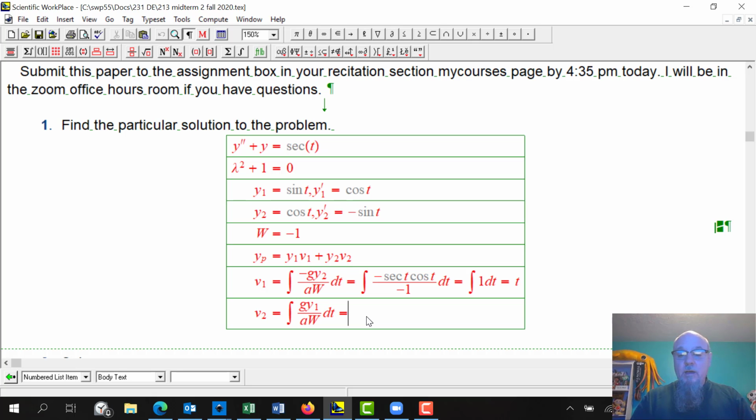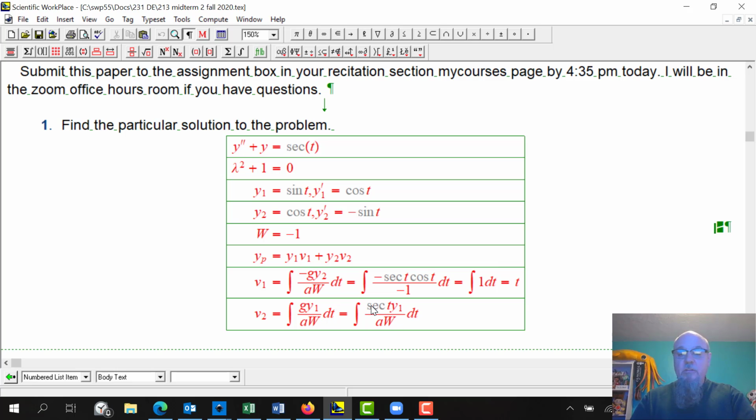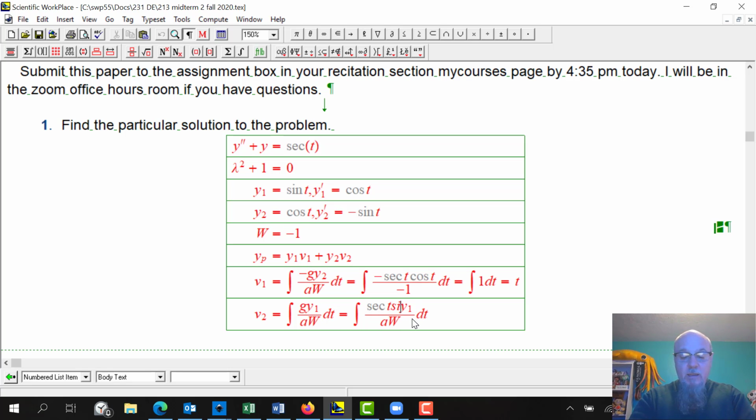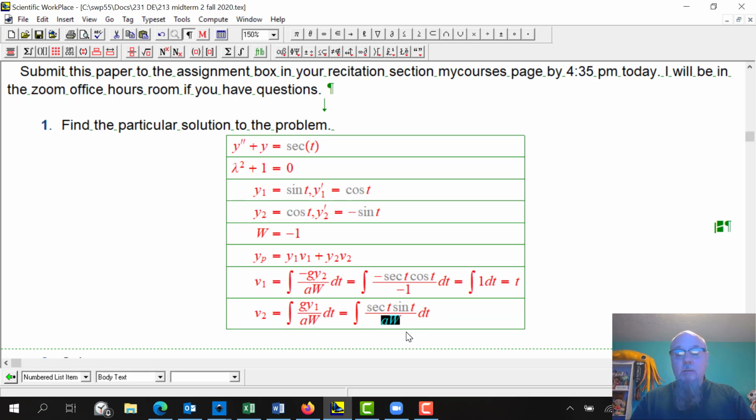Our second integral then, filling that in, g is still equal to secant. There's no minus in the v2. y1 is equal to sine. And again, a times the Wronskian, there's minus 1. So now this one, I'm integrating sine over cos, I'm integrating minus tan.